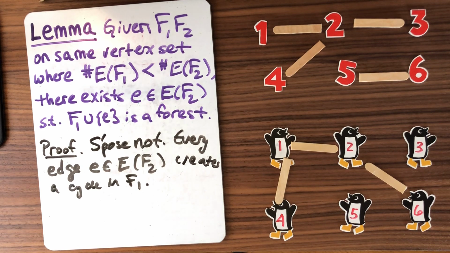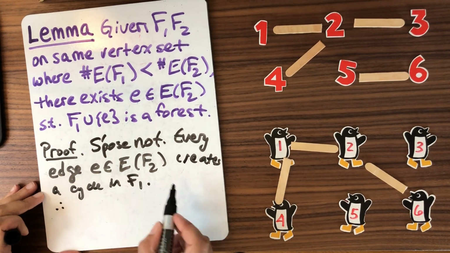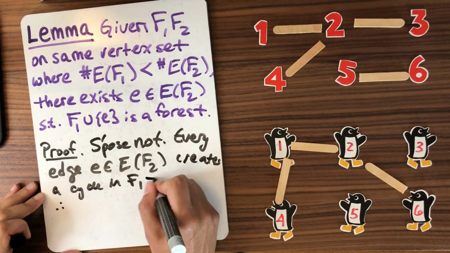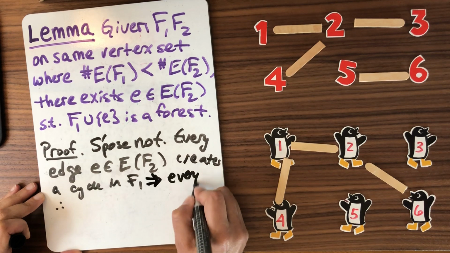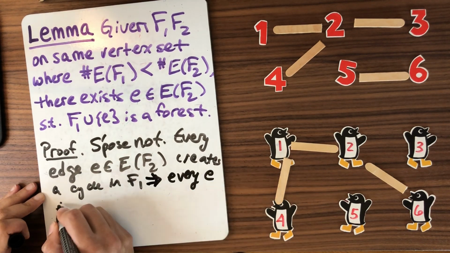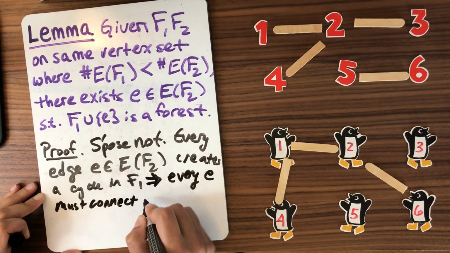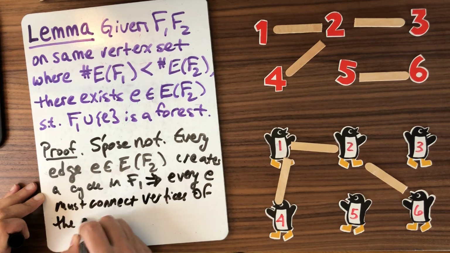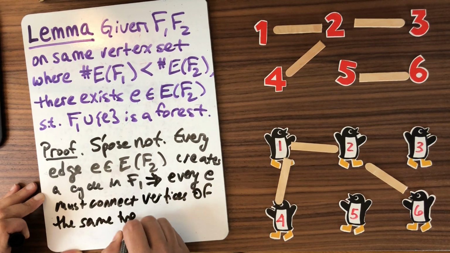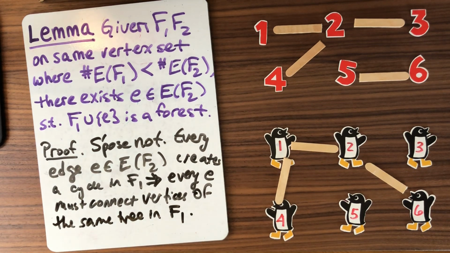So what does this mean? This tells me, therefore, it creates a cycle in F1. Sorry, this implies that every edge, every E, must connect vertices of the same tree in F1. So what does that mean? What's the implication of that statement?